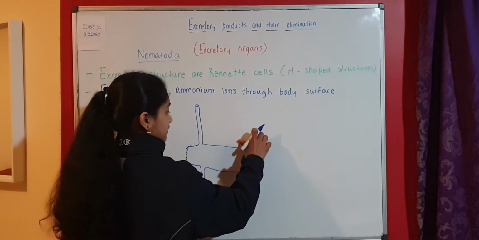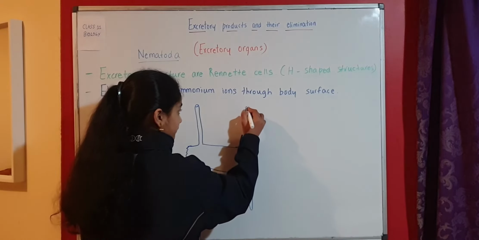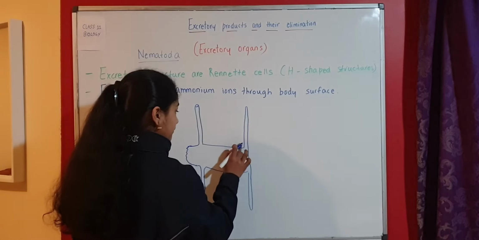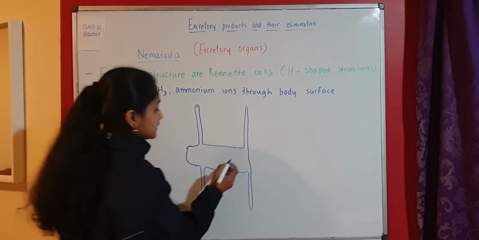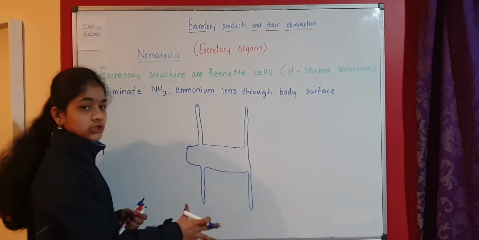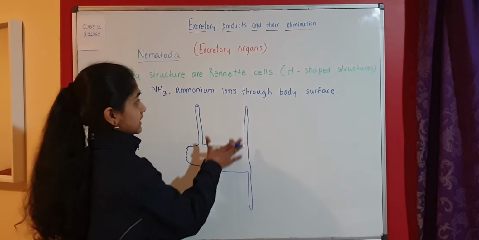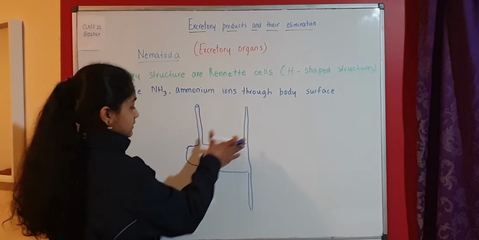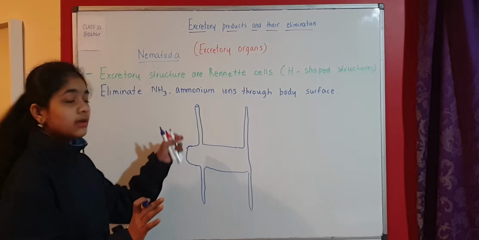If you observe this carefully, this somewhat looks like an H. So the capital alphabet H looks like this. That's why they're called H-shaped structures or Rennet cells. The term that we give to these H-shaped structures is Rennet cells.